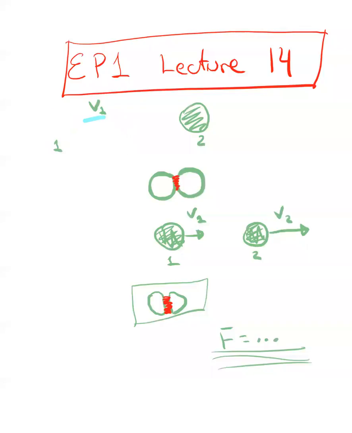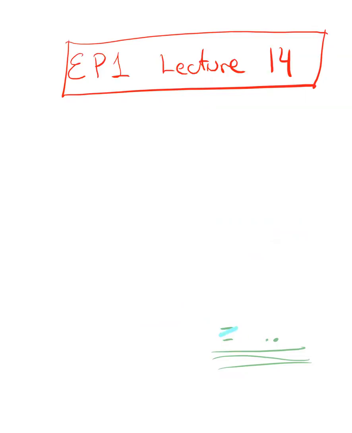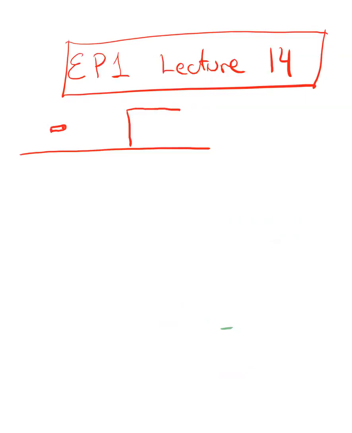Okay, so now let's look at the second example that I give on my lecture slides. The second example is when you have a bullet. You have this bullet, you're shooting this bullet, and you have a box over here. For simplicity, let's say there is no friction.